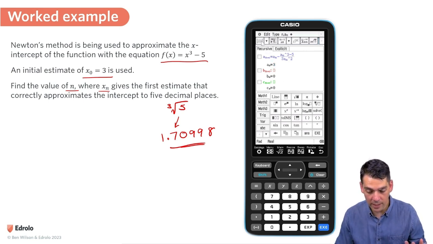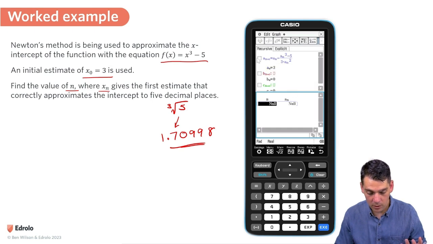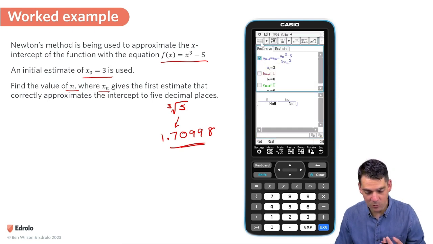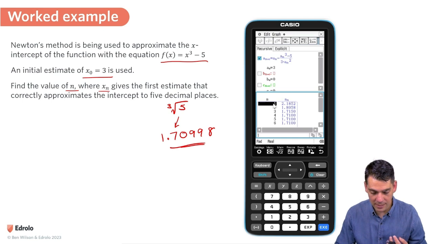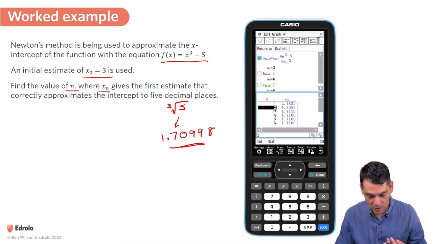And now we're going to generate some values. So make sure that's clicked, and then we'll generate some values. So you can see here, there's x1, x2, x3, x4, x5. Now, because it's rounding it off here, I might need to actually select on here to see which is the first time that we've correctly got our answer to 5 decimal places.